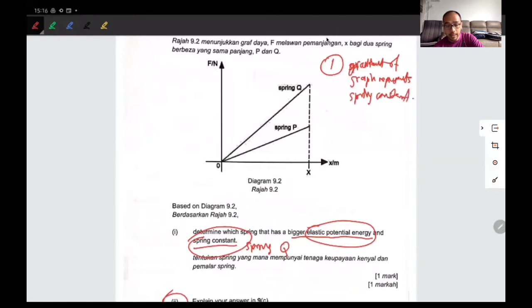Secondly, the area under the graph represents elastic potential energy.